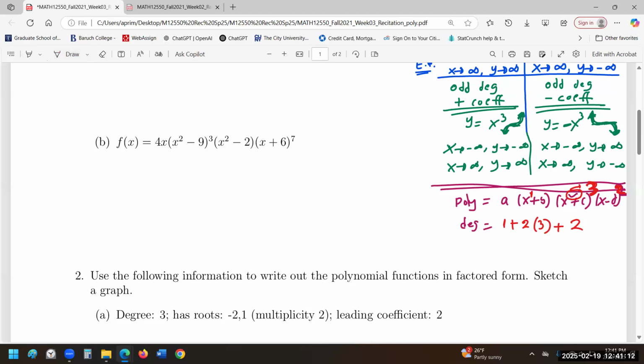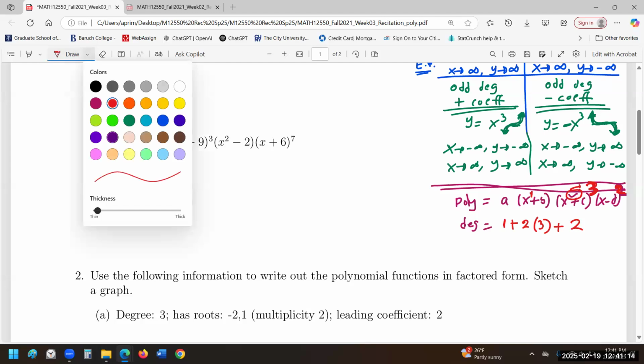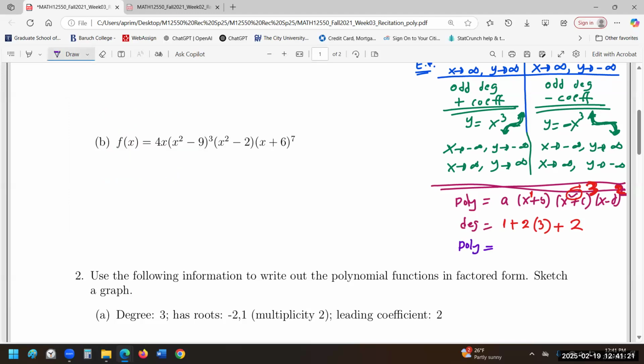Now, if your polynomial is in standard form, a x to the 100 plus b x to the 99 plus, let's say, c x to the 300.